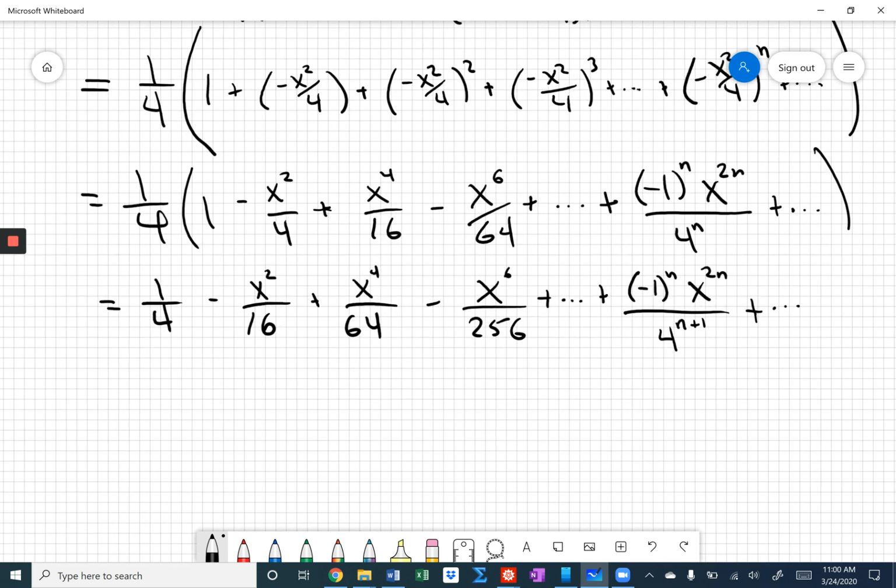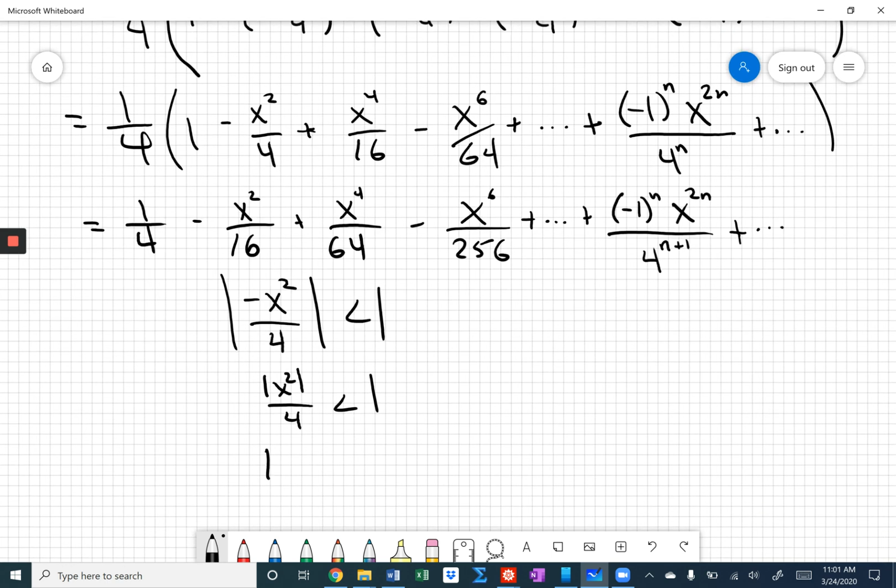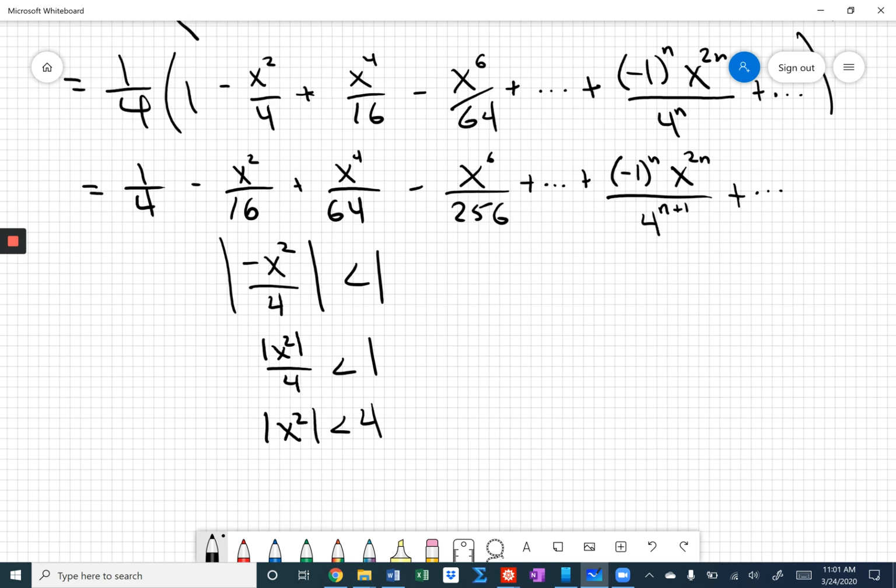We still have a geometric power series. Our common ratio is the opposite of x squared over 4. That's what we keep multiplying by each time. And we need the magnitude of that to be less than 1, which means the magnitude of x squared over 4 is going to be less than 1, or the magnitude of x squared is going to be less than 4.